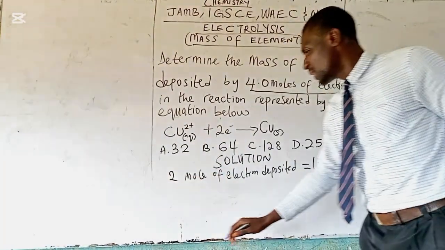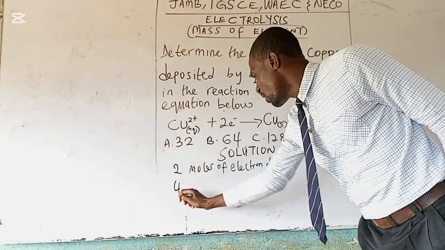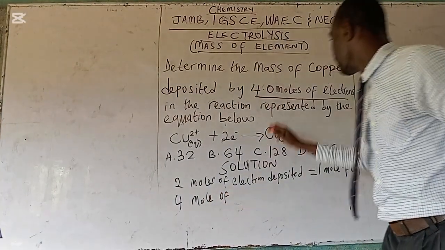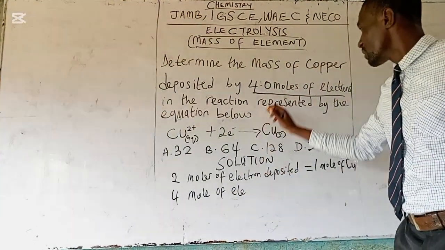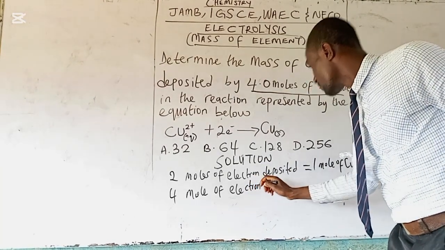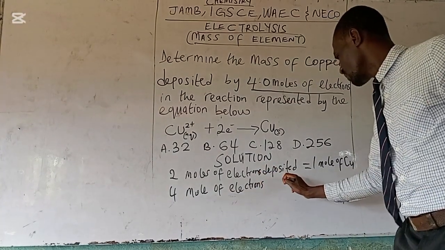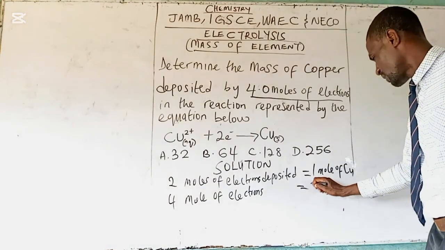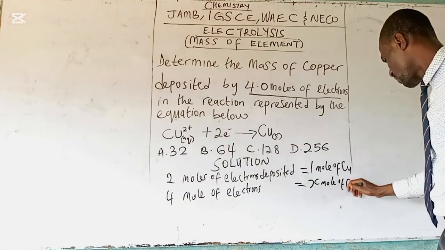So moles under moles is 2 moles now. 4 moles of electrons, this according to the question here, 4 moles of electrons, equal X moles of copper here.